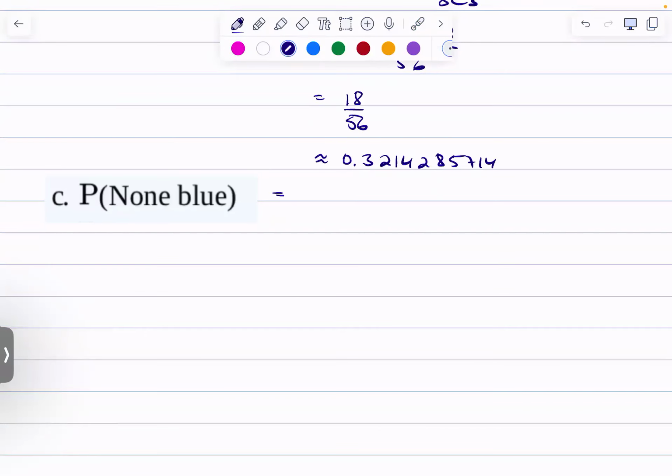Then I only have 5: 3 red ones and 2 white ones left.